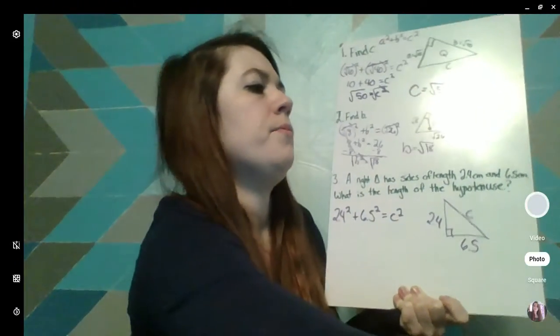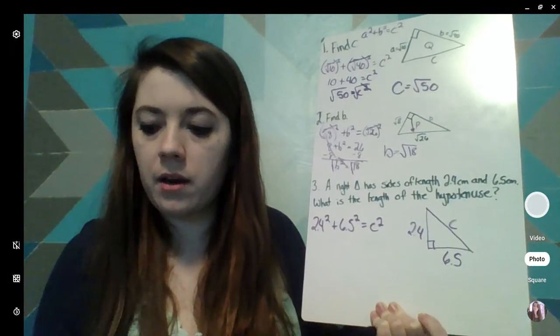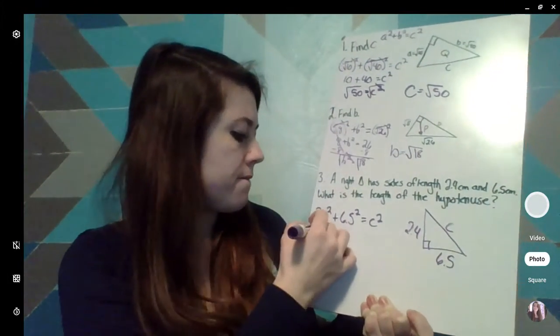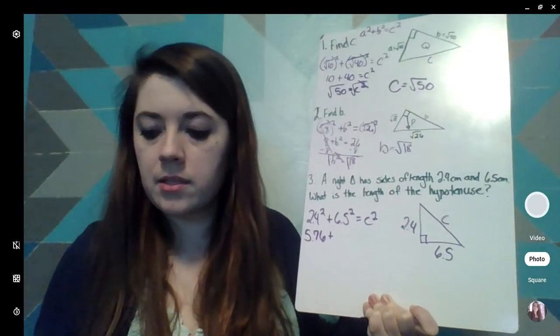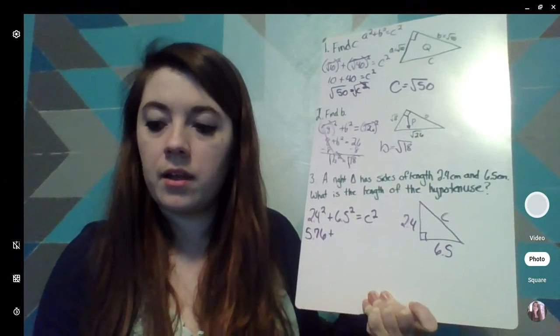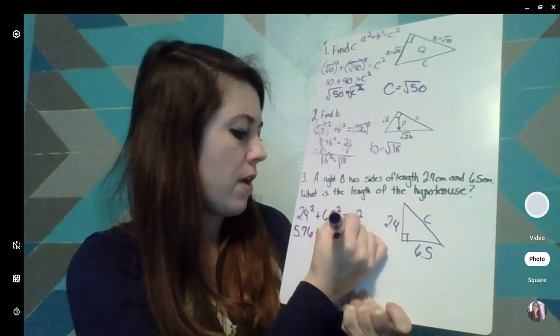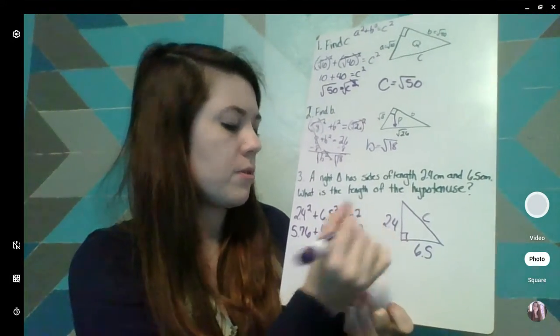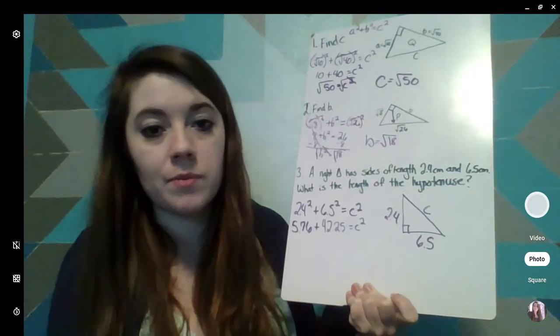All right, so 2.4 squared is going to give us 5.76 plus 6.5 squared is going to give us 42.25 equals c squared. So sometimes, yes, if we have decimals in the original problem, we're going to have decimals in the end.